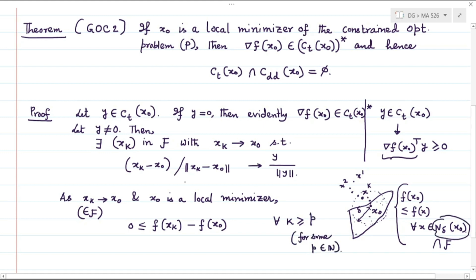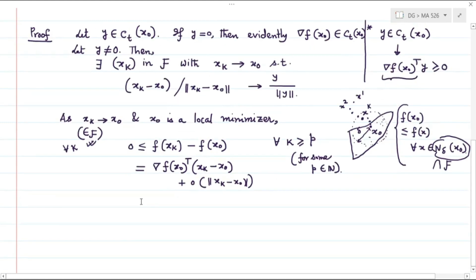This xk element is inside the set F for all k, and therefore the xk elements belonging to the neighborhood become inside the set capital F. Hence f xk minus f x naught, by a Taylor series first order approximation, equals gradient of f x naught transpose times (xk minus x naught) plus small o of norm xk minus x naught, right?